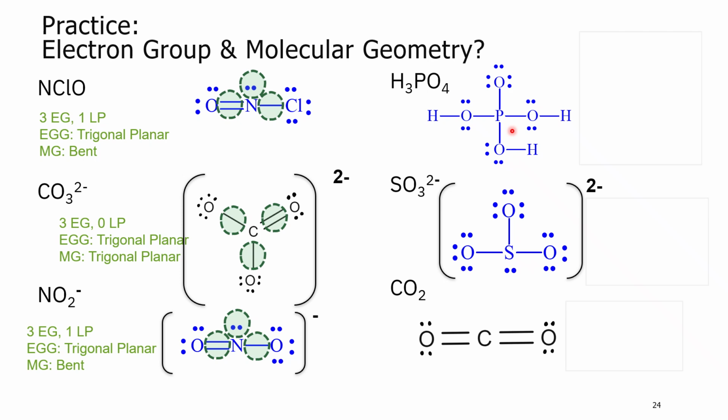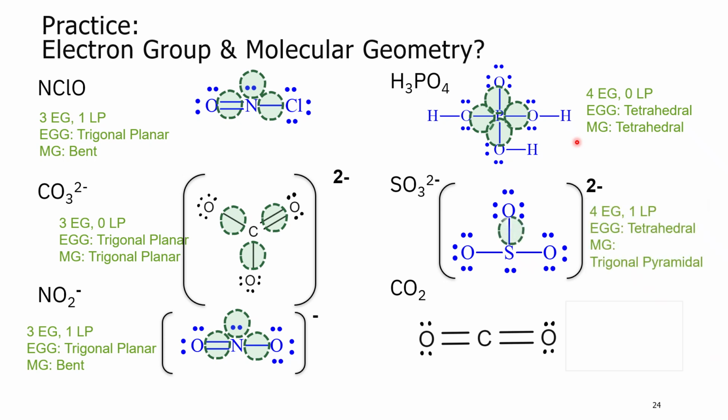For phosphoric acid, focus on the central phosphorus atom. It has 4 electron groups and no lone pairs. Therefore, both the electron group geometry and the molecular geometry are tetrahedral. For the sulfite ion, the sulfur atom has 4 electron groups. One of those electron groups is a lone pair.